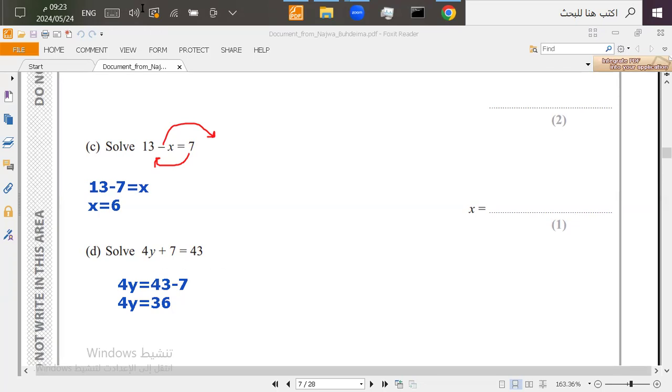Same idea, same steps. So I'm going to take the 4 by dividing here. And y equals 36 divided by 4. So y equals 9. So focus on the steps of algebra.